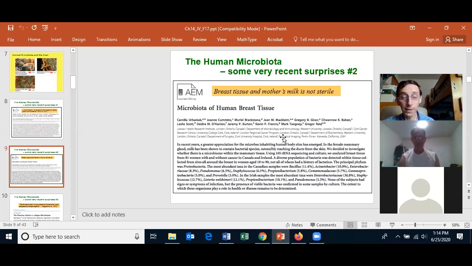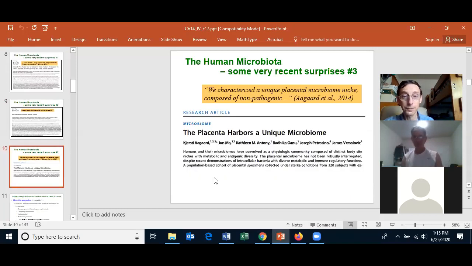Okay, besides being on the outside of the breast, which the baby will pick up, but the milk itself has normal microorganisms in it. And then the placenta has been shown to have a normal microbiota. Any questions about that?